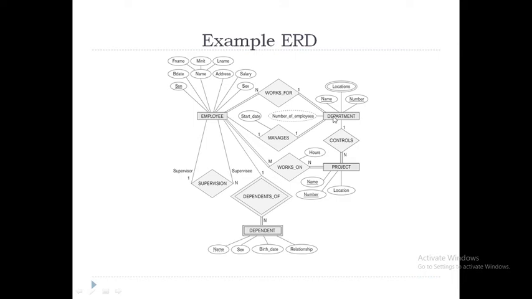That's why I'll put the simple attribute of this relationship type, that is start date, in the department relation, and the primary key of employee will be added as the foreign key in department. Okay, primary key of employee will be added as foreign key in department relation.